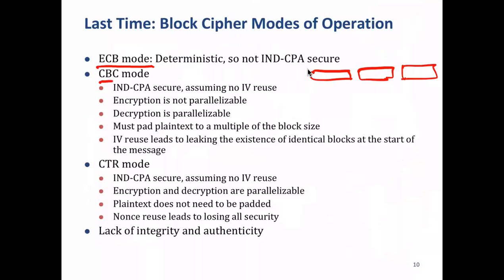Then we tried to introduce randomness, so we had CBC mode, and then we saw that we cannot parallelize it fully, so that it will take less time, and then we came to CTR mode. All right, so these we have studied.